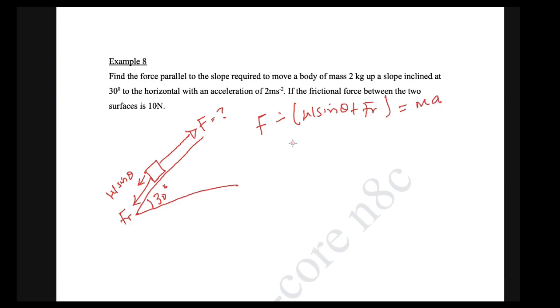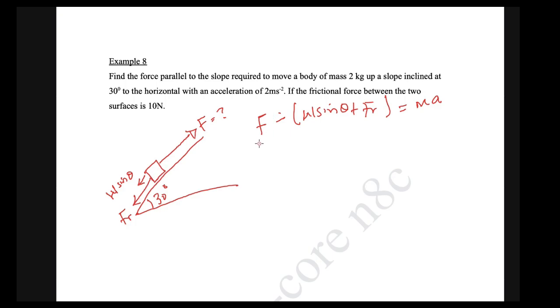Alright, you need to understand this. This is very important. W sin theta and frictional force are in the same direction, so we sum them up, but they are against the motion. So we have to subtract the two of them collectively from F because they are both against the motion. The motion is upward, W sin theta is against the motion, frictional force is against the motion.